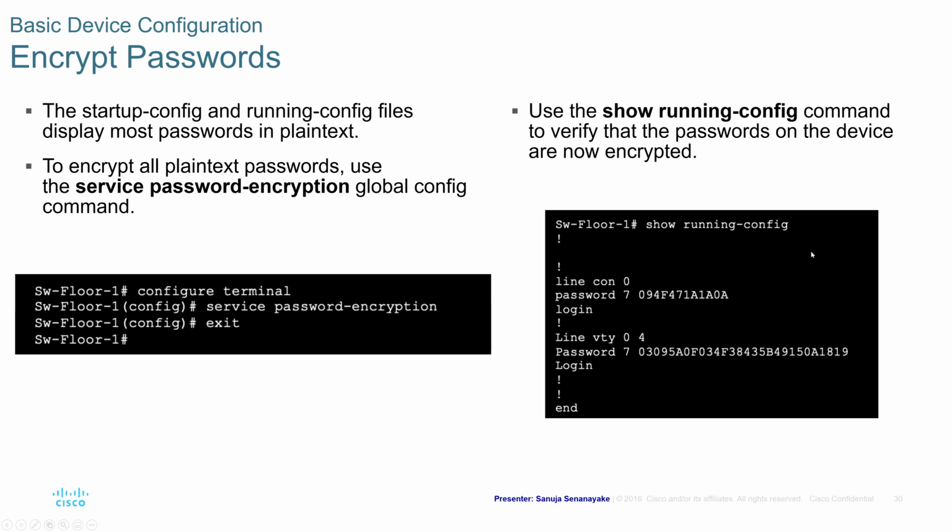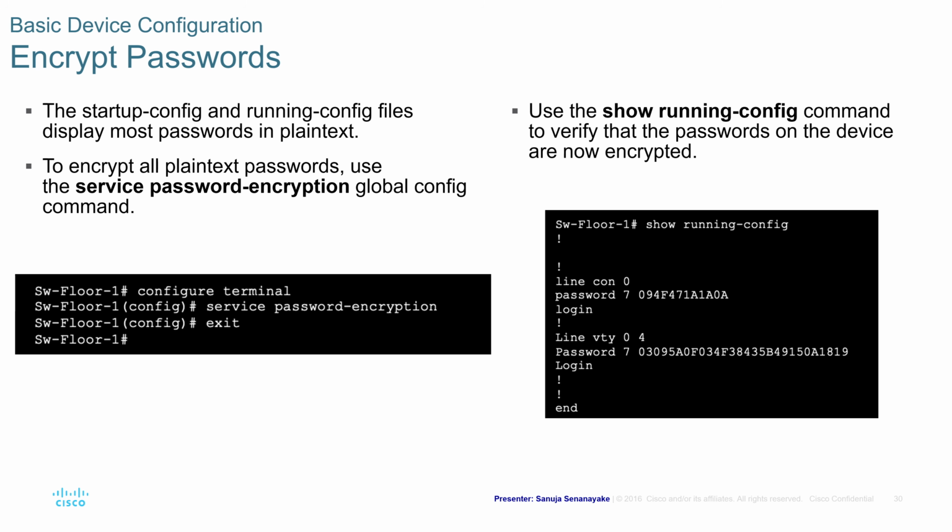So this is just to prevent someone from accessing your IOS device and reading out the passwords based on the displayed information, but they are not highly secure. If somebody were to take these numbers and characters and use the reverse-engineered Cisco IOS encryption algorithm, they can recover the password. So this is just to prevent people from quickly reading the password, not necessarily to prevent a hacker.